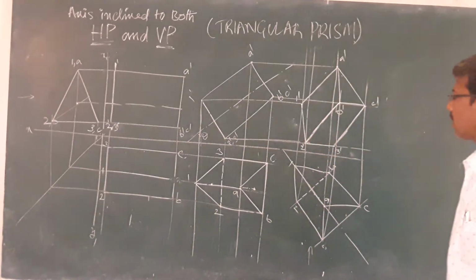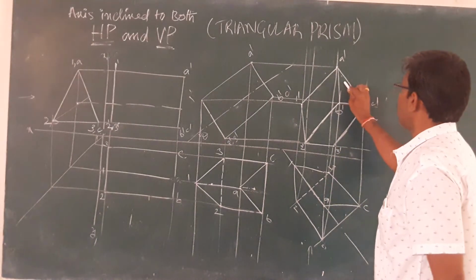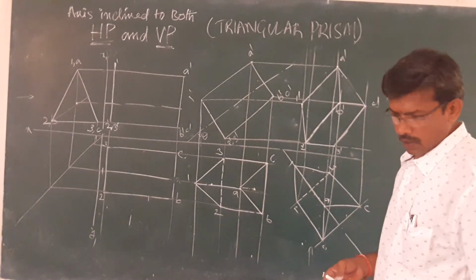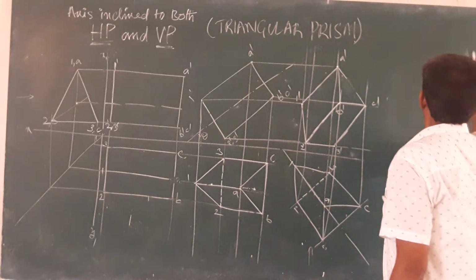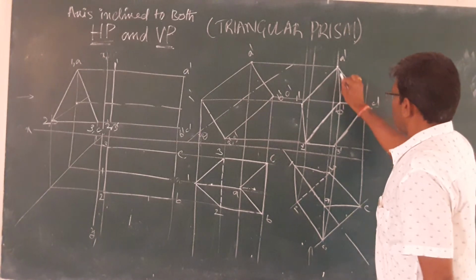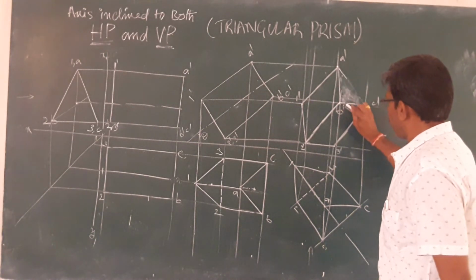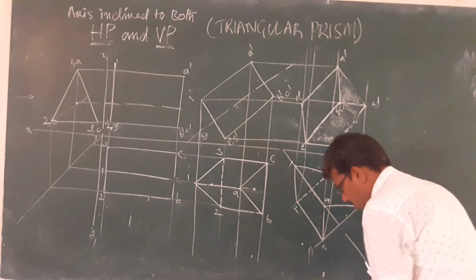So now these are the 3 faces. So now I will make it a little bit blur. So this face is visible. This is another face.